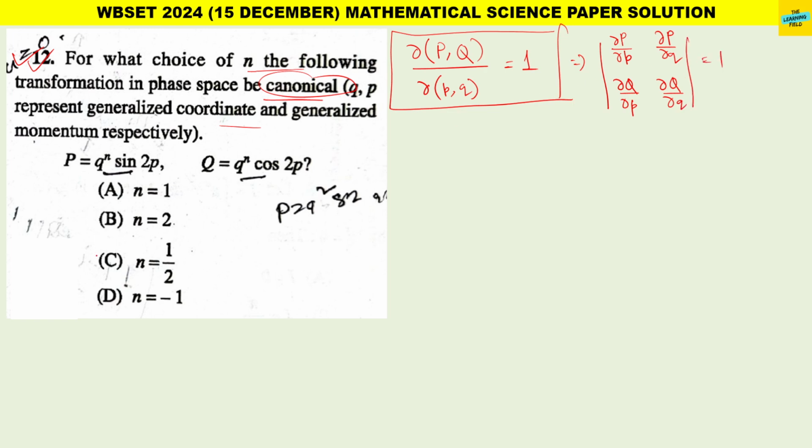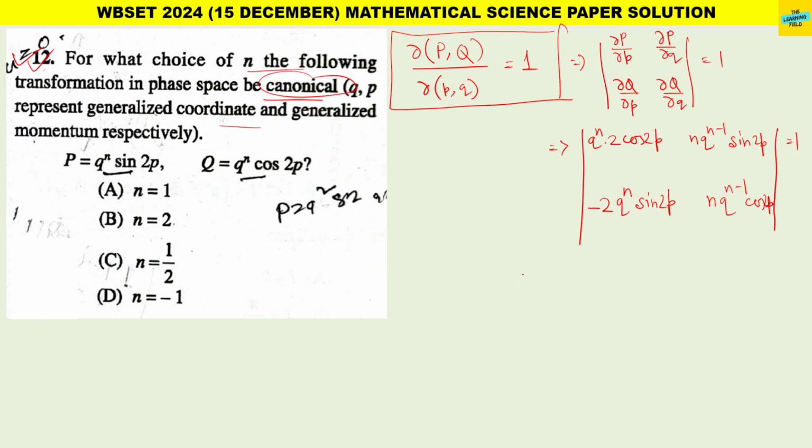Now ∂P/∂p means 2q^n cos 2p. ∂P/∂q means n q^(n-1) sin 2p. Fine. ∂Q/∂p means minus 2q^n sin 2p, and ∂Q/∂q means n q^(n-1) cos 2p.